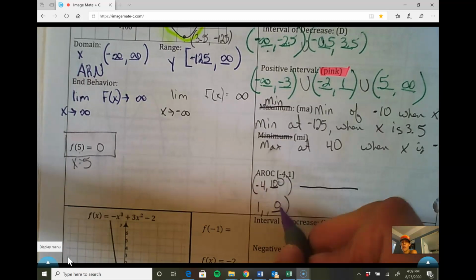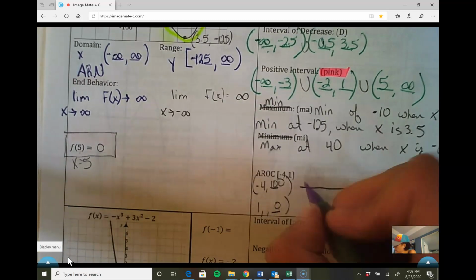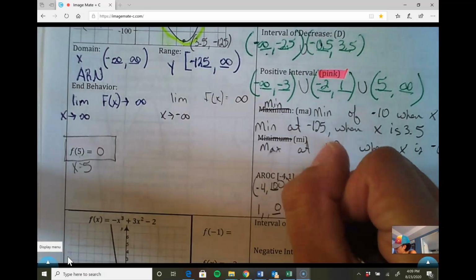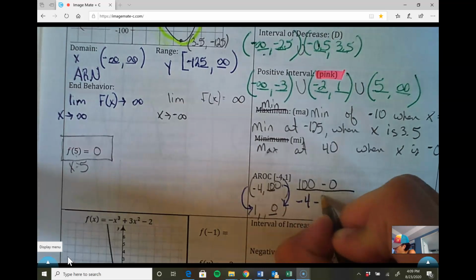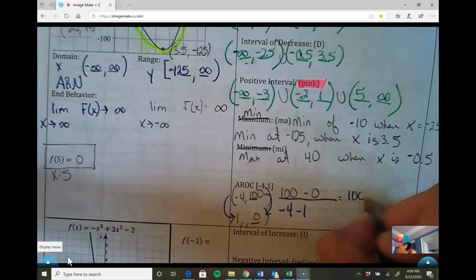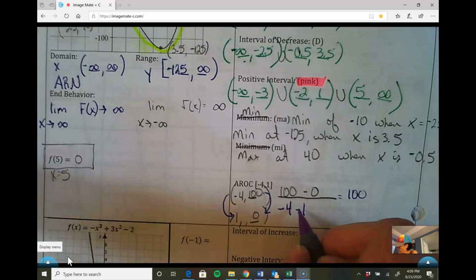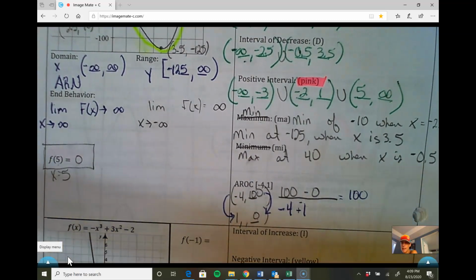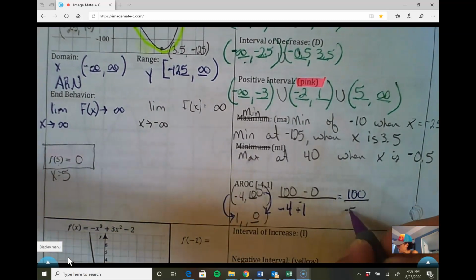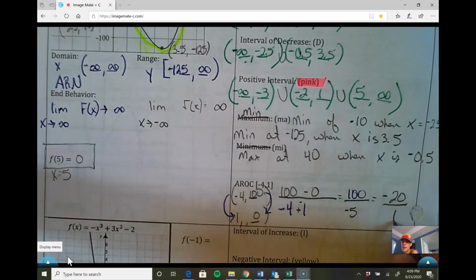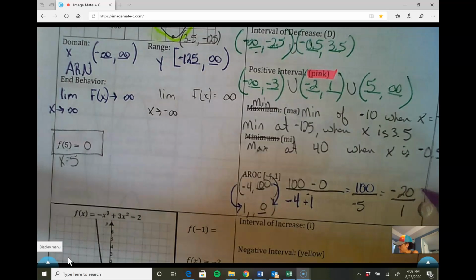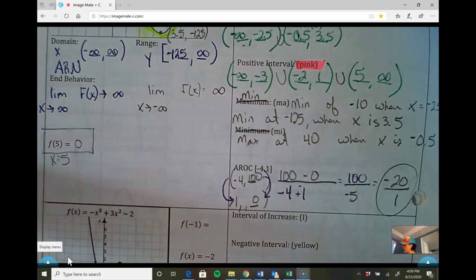So 100 take away 0, and since I'm doing 100 take away 0, I'll have to do negative 4 take away 1. So I get 100. I like to do this where I add the opposite. To me, I like adding more than subtracting. That's negative 5. I divide them. And you always want your average rate of change to be out of 1. A rate is always out of 1. Okay, and if you get a decimal, that's okay.